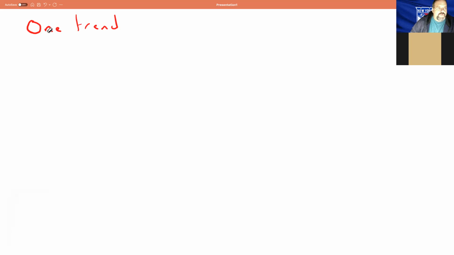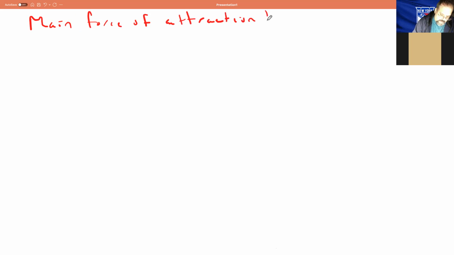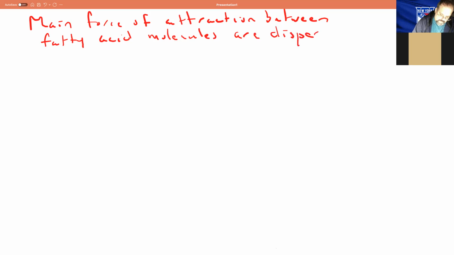It's not a problem. So the main forces of attraction between fatty acid molecules are dispersion forces between the carbon chains.